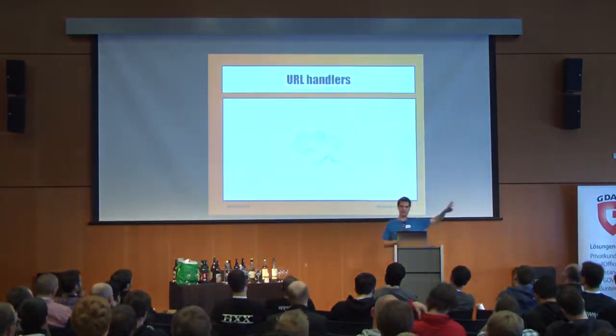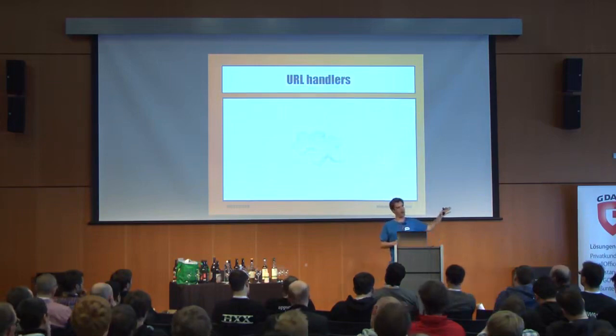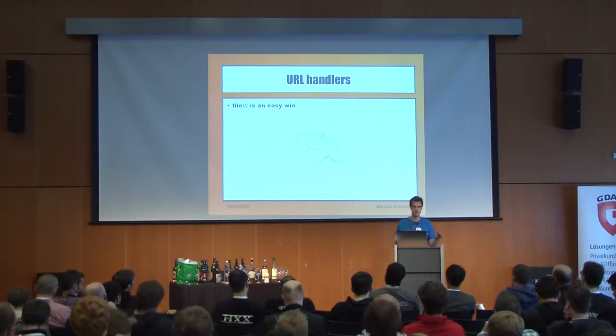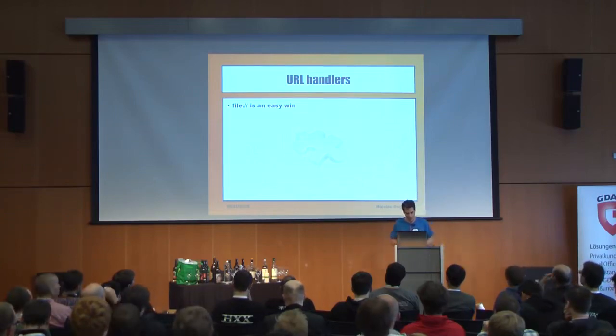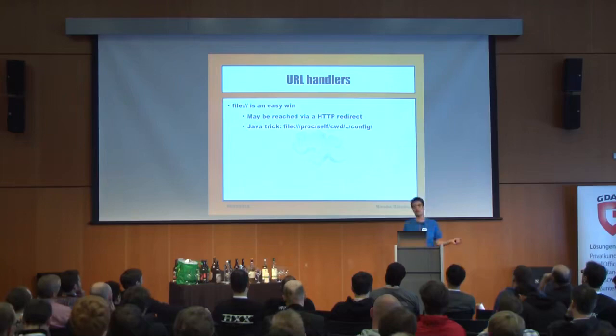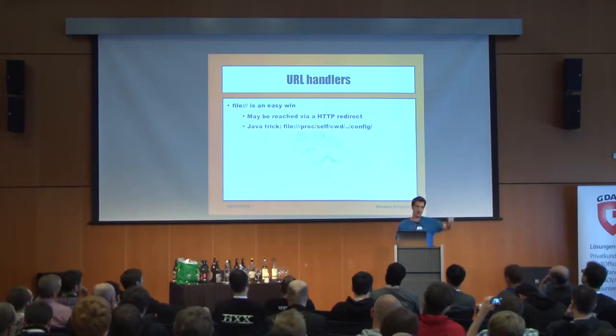So we have the left part of the URL, which is the URL handler, and then the right part, which is the domain name or the IP address. So, of course, if the file URL handler is available, you should use it and steal some password files or configuration files. This is easy. In some very specific scenarios, you can reach file from HTTP, so you redirect via HTTP to your own server, you redirect to file, and then you can access files which are on the backend server.